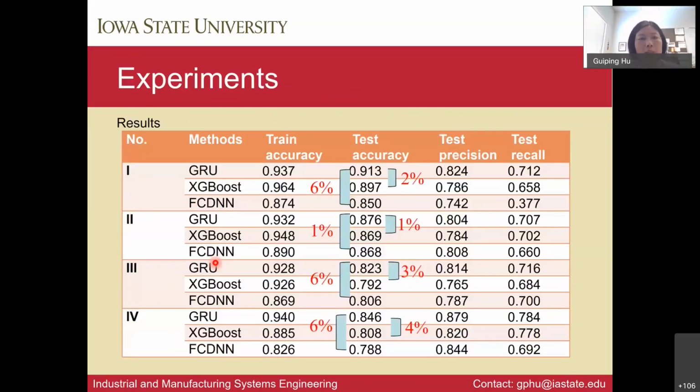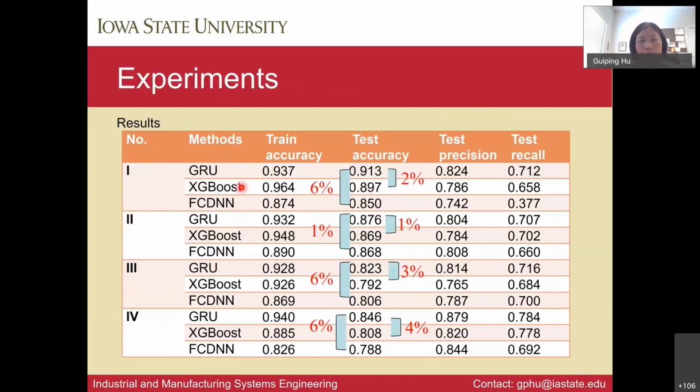And one quick slide to show the differences between the proposed model, which is the gated recurrent unit, the GRU, and then XGBoost and the fully connected neural network. Something I want to mention is that we also analyzed other models, but we picked these two machine learning models because those are the two that perform the best.